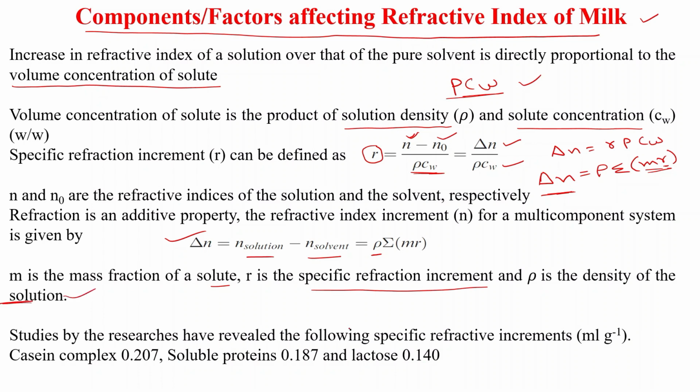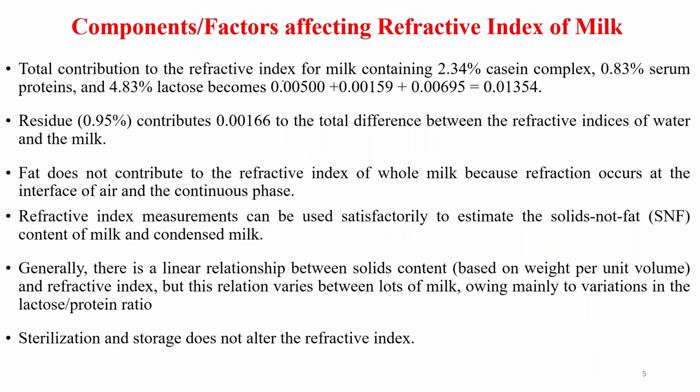Now it has been reported that casein shows a specific refractive increment of 0.207 ml per gram, soluble proteins show 0.187 ml per gram, and lactose shows 0.140 ml per gram. Obviously fat does not contribute to the refractive index, as the refraction happens between the interface of the air and the continuous medium. Now let us see the total contribution to the refractive index of milk containing, say, 2.3% casein complex, 0.83% serum proteins, and 4.83% lactose.